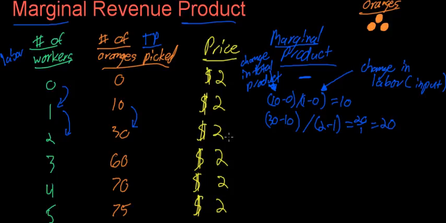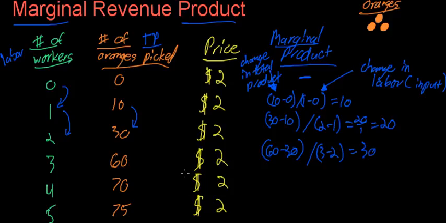Okay, so now we're going for 3. So we are going to have 60 minus 30, an increase in total product of 30, divided by 3 minus 2, which is just going to be 1. So for the third worker, we're going to get 30 more oranges picked for hiring the third worker. So this is equal to 30.